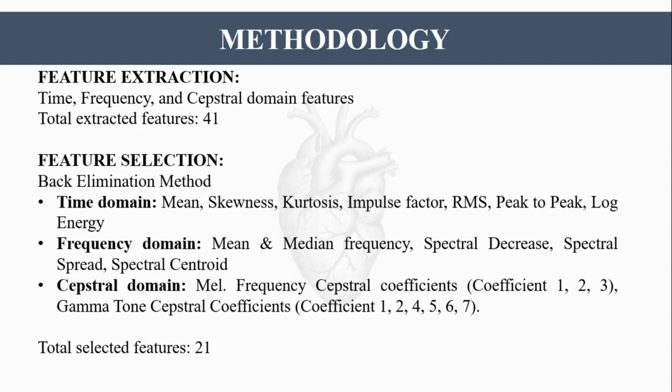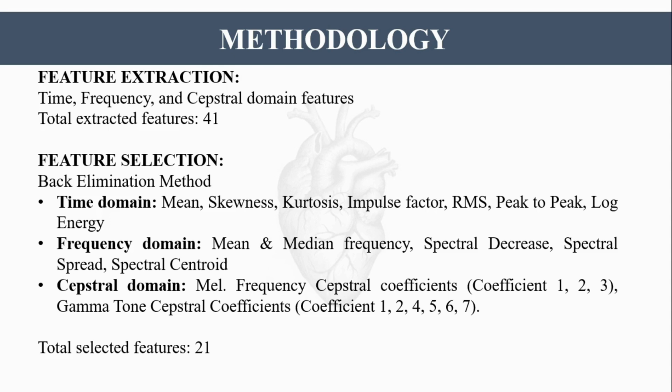Next step is feature selection. We have used several feature selection techniques like MRMR, Relief-F, chi-square, ANOVA, and others. However, the results were not impressive, so we opted for the backward elimination method.